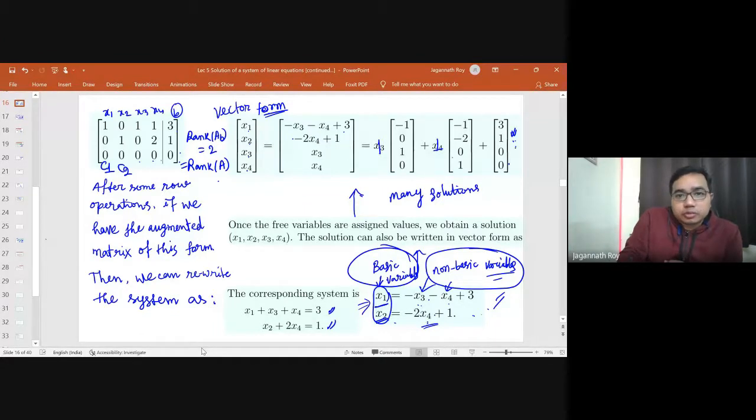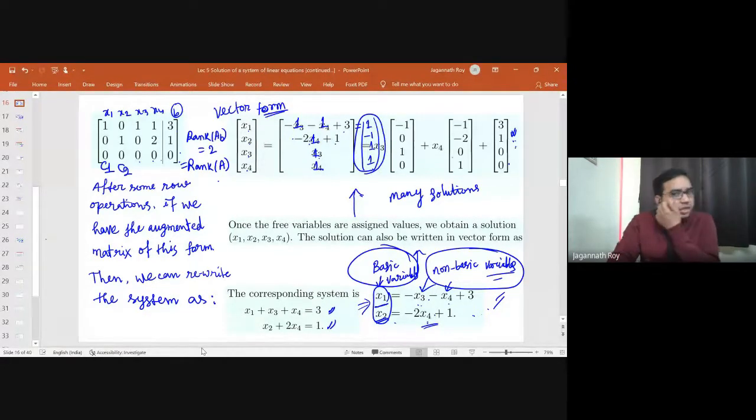So let us put 1, 1, 1, 1, 1 and 1. So this will be -2 plus 3, which is 1. So -2 plus 1 is going to be -1. So 1, 1, 1 and 1. Whether it is a solution, just verify it.